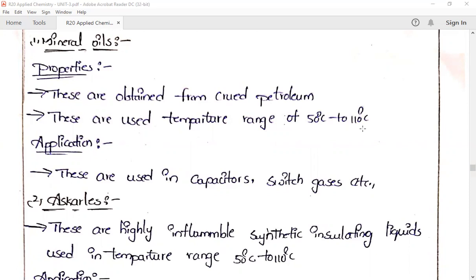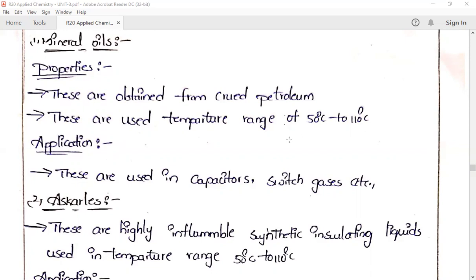The electrical property and the resistance to thermal oxidation are greatly influenced by the presence of non-hydrocarbon compounds like oxygen, sulfur, and nitrogen.